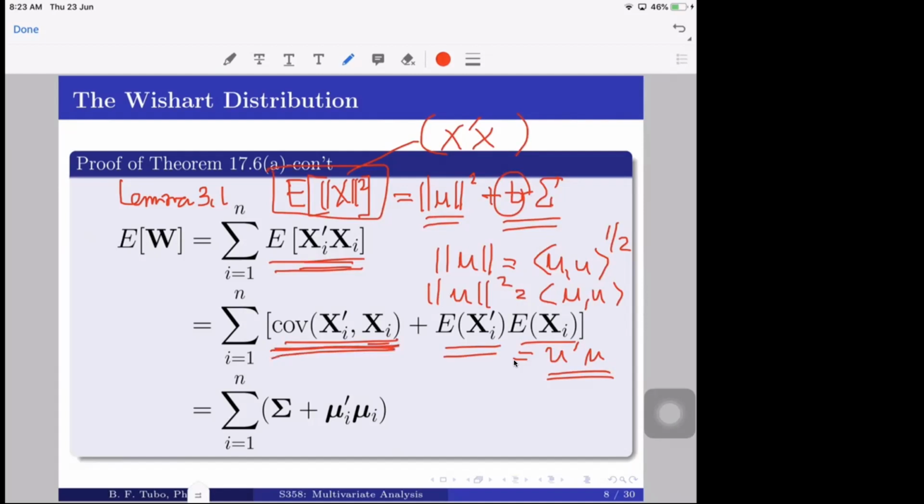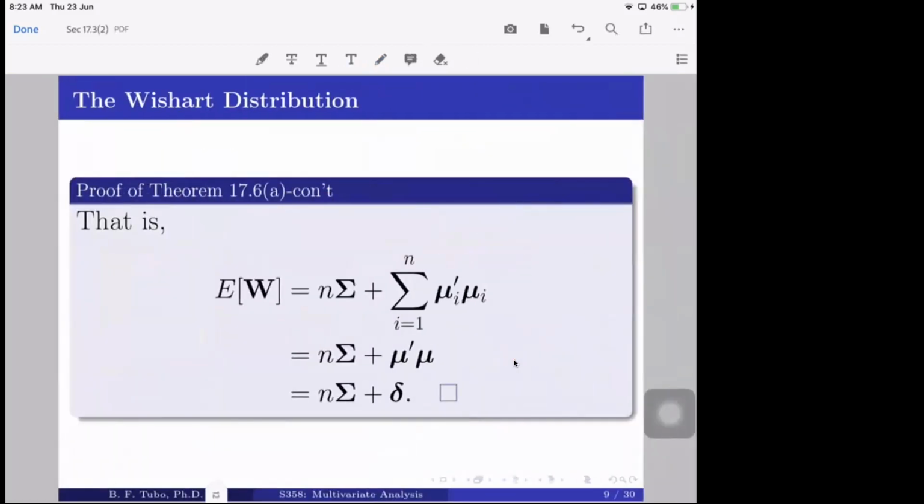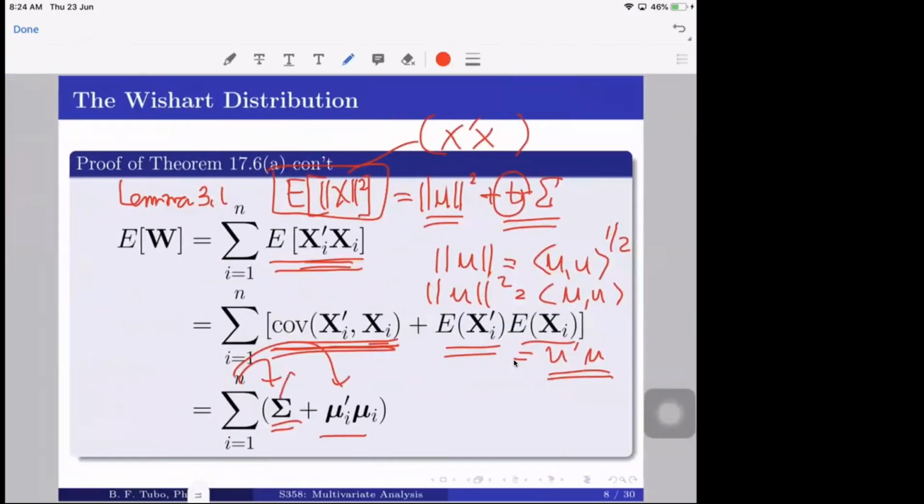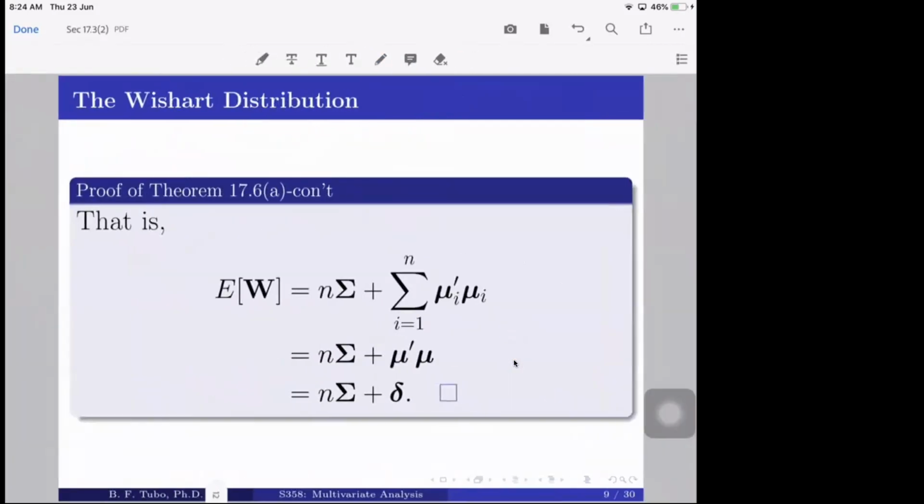But the covariance among the x sub i's is sigma. Then you have mu i prime mu i, and you take the summation of each of them. The variance is just a constant with respect to the summation sign, so you will have n times sigma.